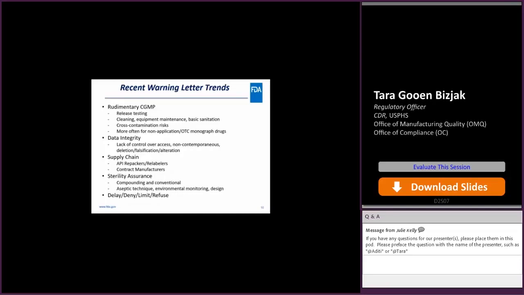We're also seeing issues in the supply chain, so API repackers and relabelers that are not including all the information necessary on their certificate of analysis when they're reselling the API.